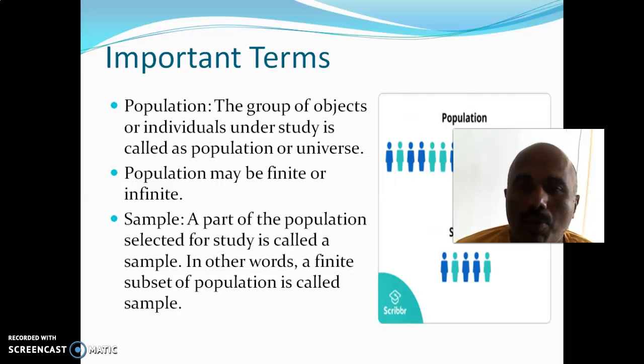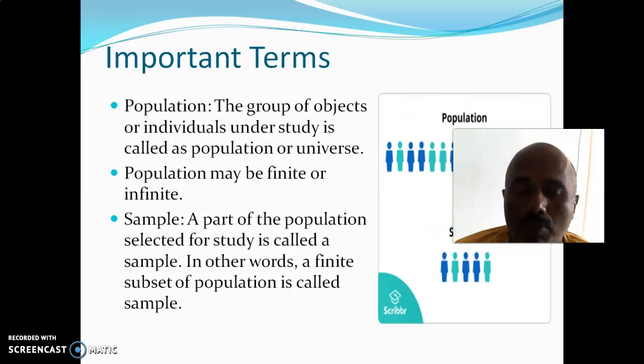That means a population is a whole group of living things or non-living things which we are going to study. And population is finite or infinite. Population is called finite if it is countable, and population is called infinite if it is not countable.